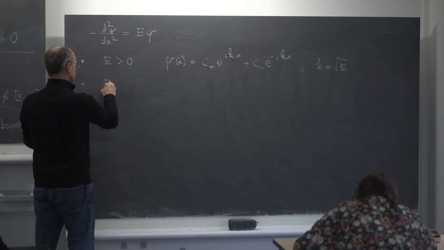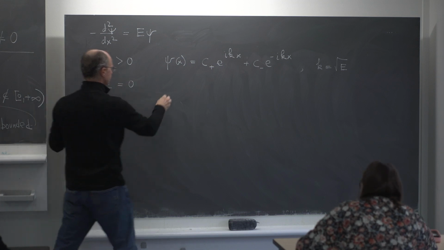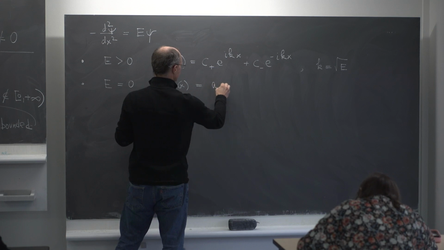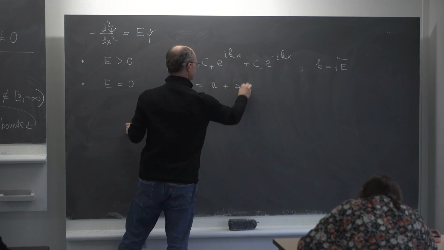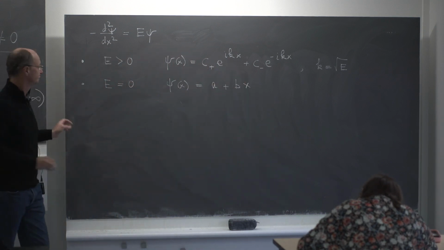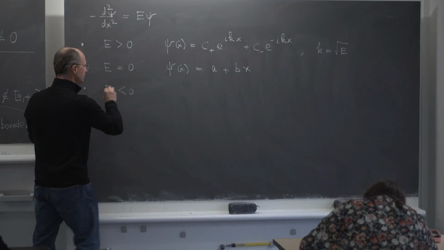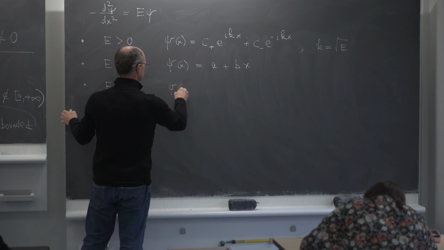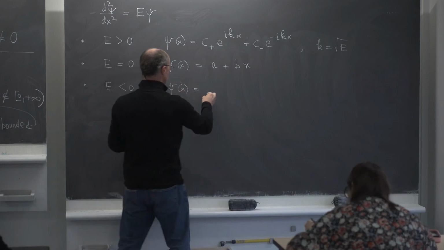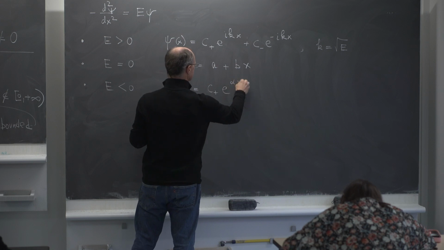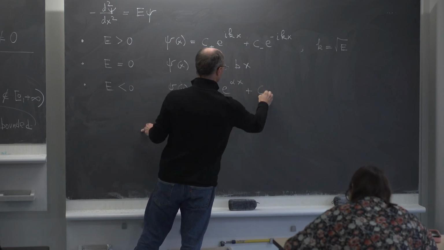Now, for e equals 0, there will again be two solutions: constants and linear functions. And for e smaller than 0, there will again be two solutions.